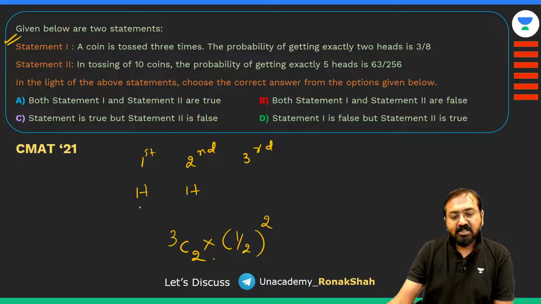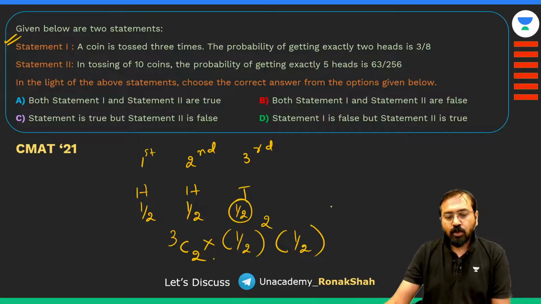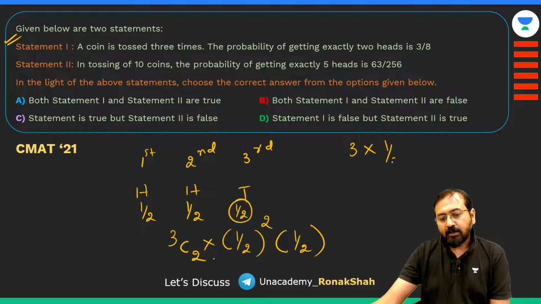So at 2 positions I am getting heads, so this probability is 1 by 2, this is 1 by 2. And suppose tail is coming over here, what is the probability of tail? 1 by 2. So just solve this. 3C2 is 3, into 1 by 2 squared, into 1 by 2, so it's 1 by 8. So this is nothing but 3 by 8.